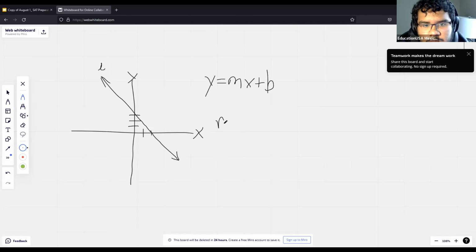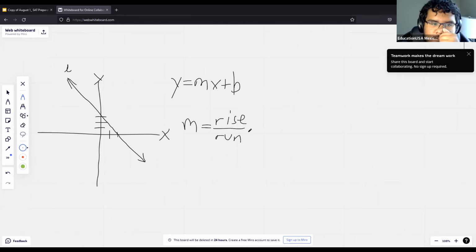So the slope is commonly referred to as rise over run. But really, what this is asking is, when x changes by some amount, how much does y change? We can see this in the graph here.